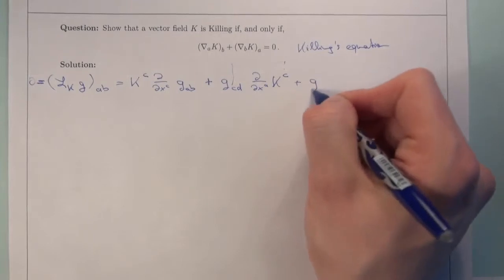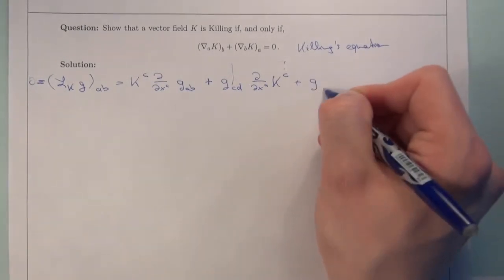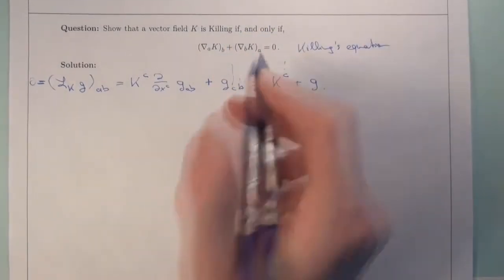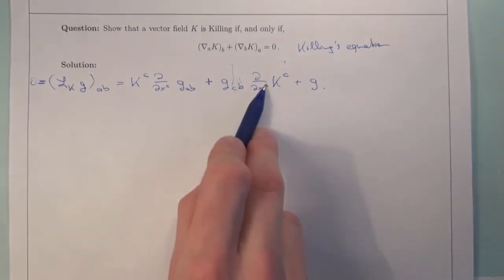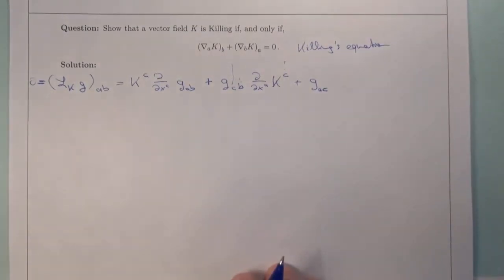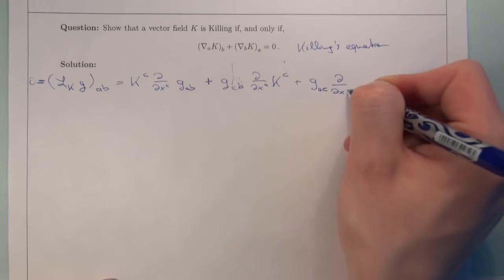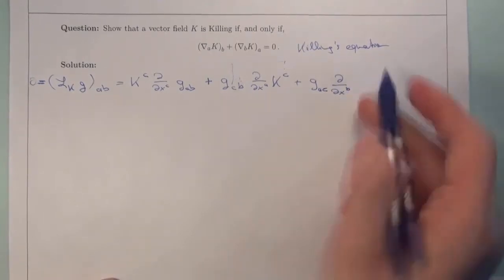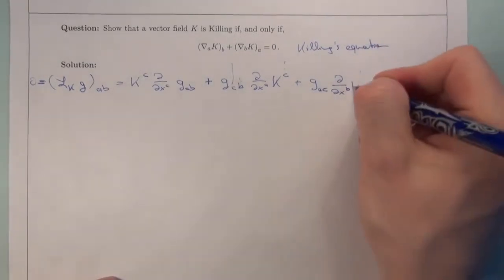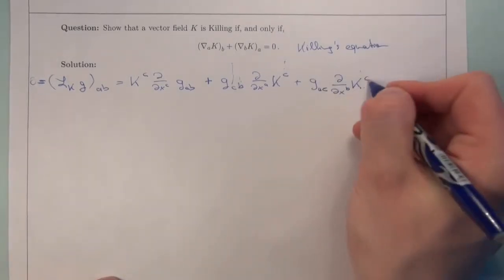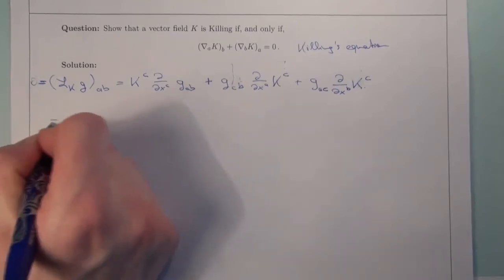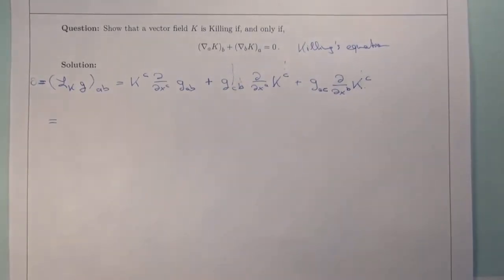Now we do the same for the other index, so this is g, oh sorry, here's something going wrong, this should be a B, just replace the A by the C and shift the A over here, that's the rule. And now we leave the A and put the C here, and then we get d/dx^B, because the B from here moves there, and this acts on, not on x, but on K. And the index that needs to be summed over is C. So that's basically it. So the Lie derivative in components.